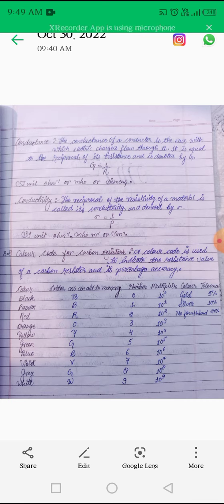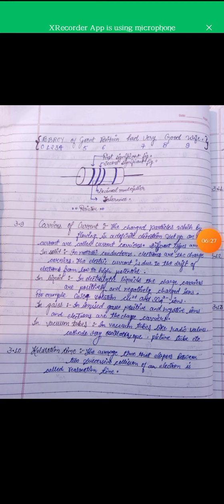Black B, brown B, red R, orange O, yellow Y, green G, blue B, violet V, grey G, white W. B.B. Roy of Great Britain had very good wife. 0, 1, 2, 3, 4, 5, 6, 7, 8, 9.